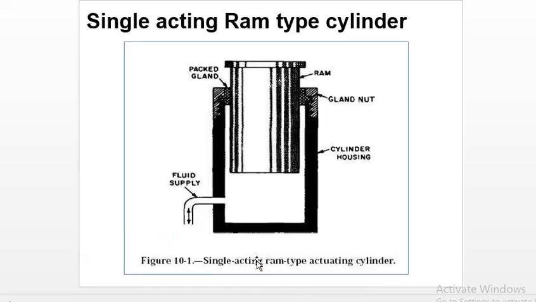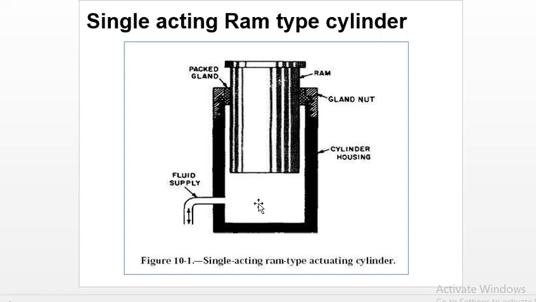Then next, the construction of the single acting ram type cylinder. Ram is nothing but a mass which is stored in the form of potential energy whenever the fluid is inside the cylinder or inside this vessel or the housing. The fluid supply is from this port.